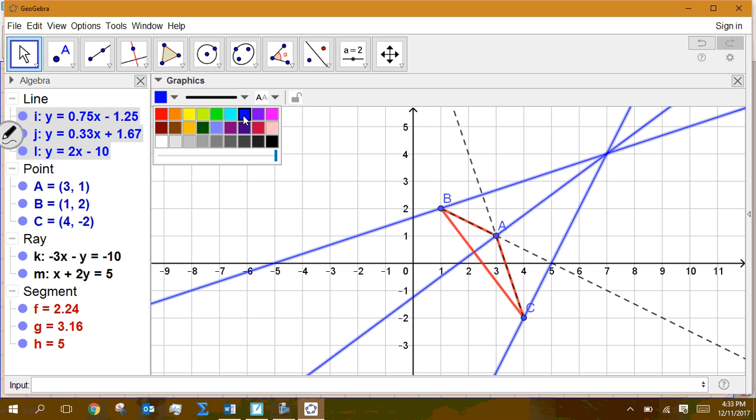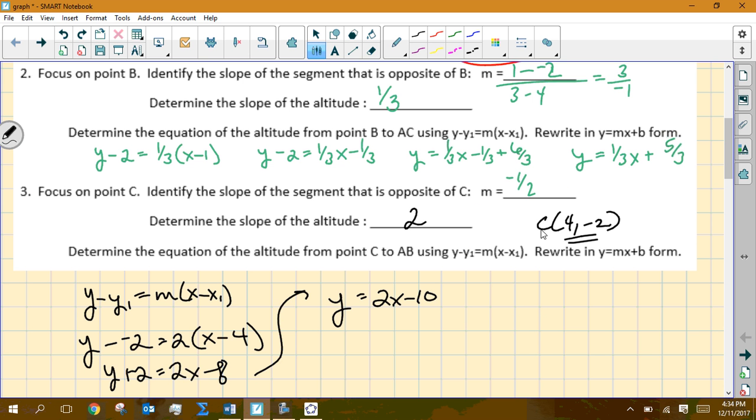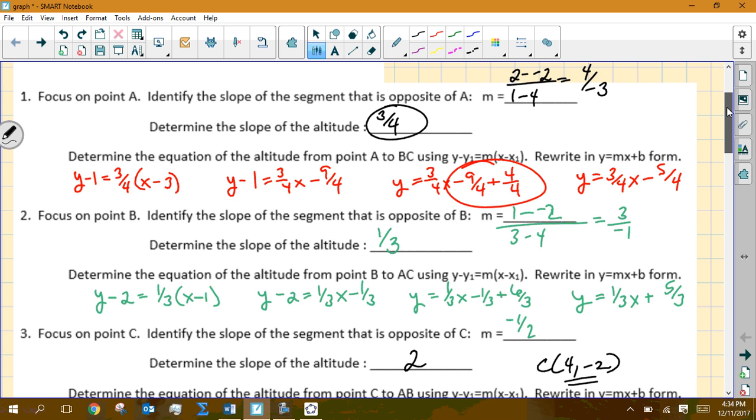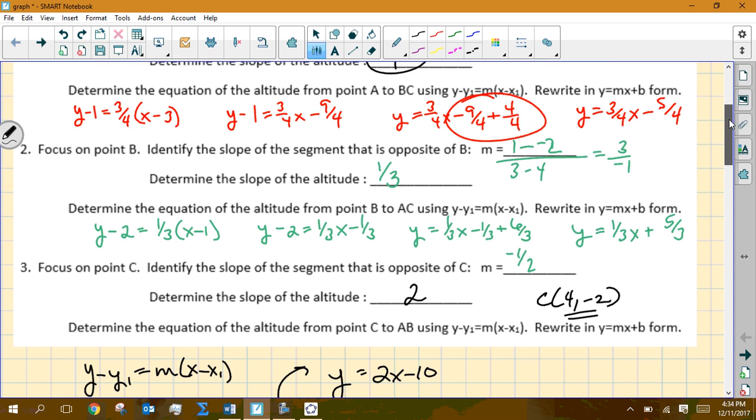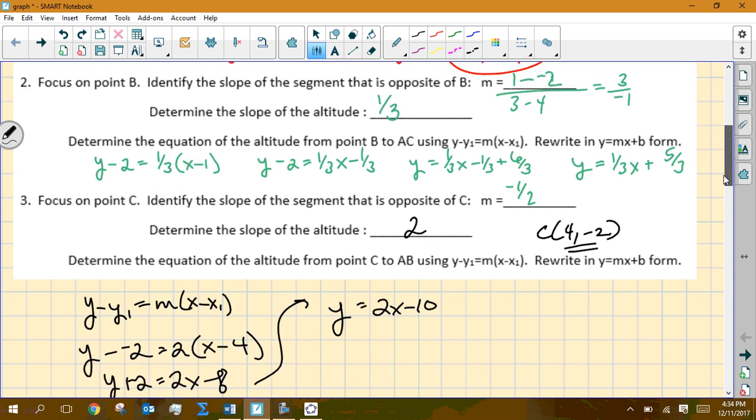Those blue lines are all considered altitudes, because they go from a vertex perpendicular to the line containing the opposite side. They're concurrent right there, which looks like the point 7, 4. So we should be able to find that ordered pair 7, 4 using 2 of those 3 equations. Okay, so that red one, that green one, and the black one.